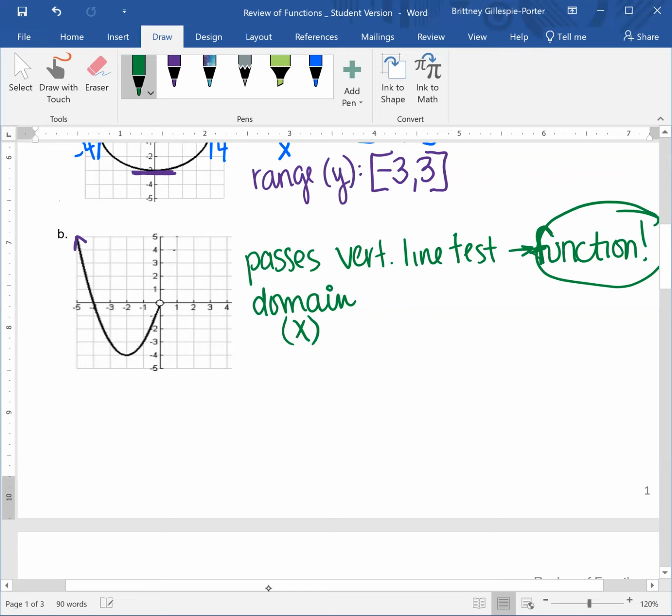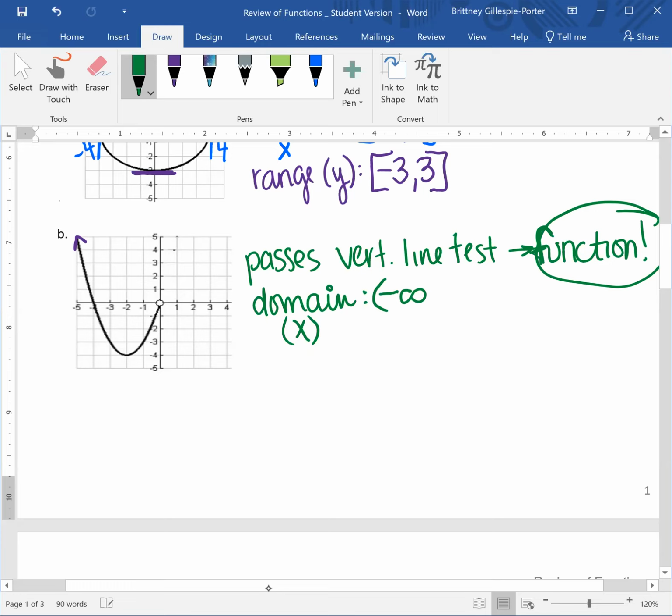It may take a while, but we'll get there eventually. Because our graph is still going with that arrow, and it's going to the left, we're going to say the smallest is negative infinity, and then we read from left to right.